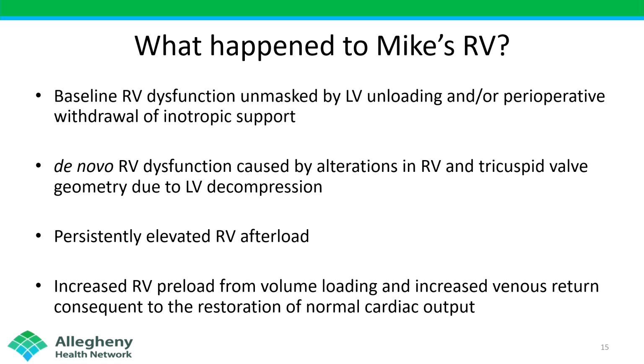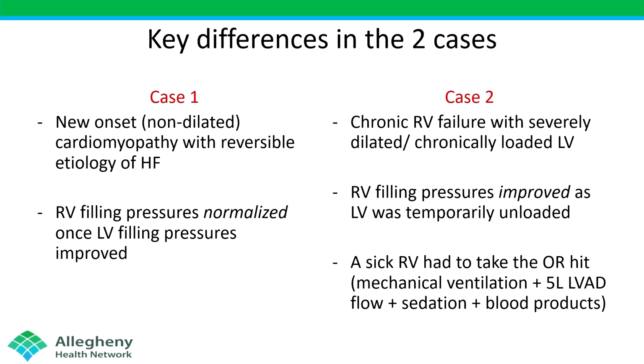I don't know if another 4 or 5 days of LV unloading would have done the trick. But what we did then was insult the RV again by putting him through mechanical ventilation, sedation, fluid shifts, and then the additional 5 liters of flow coming from the LV side. And that was probably one thing too many for this RV to handle, with additional preload, additional afterload, sedation, intubation, et cetera.